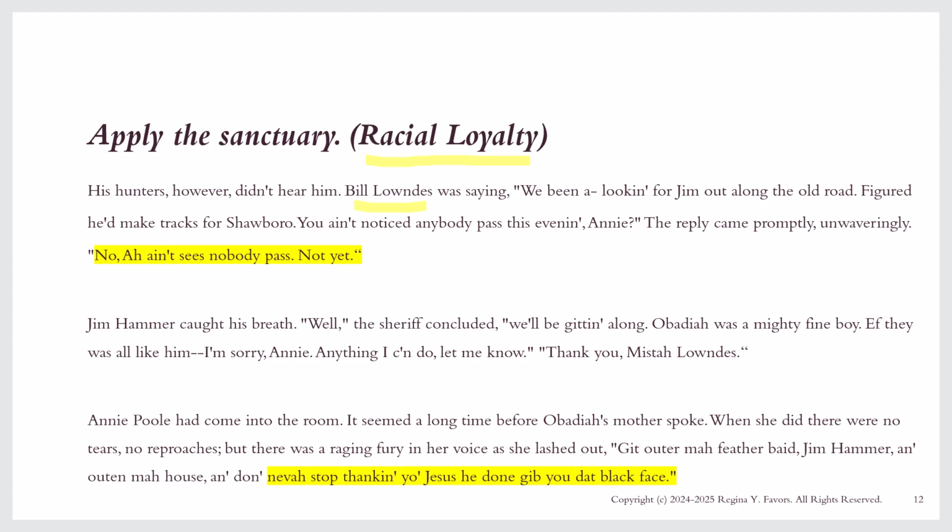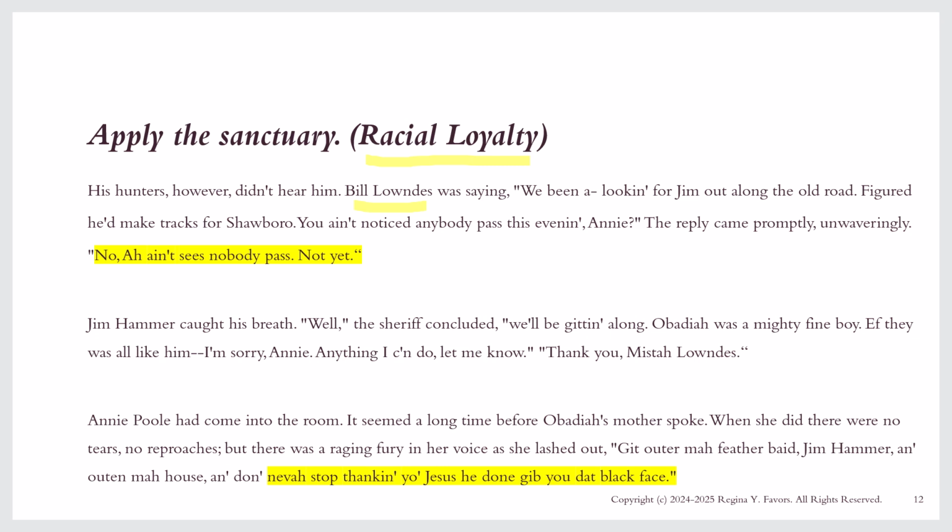Someone would hide a white man who shot a black man in their house, so she's just sort of returning the favor. If Jesus hadn't given you that black face, you would be out of here. She already said that if he had had a white face, she would have turned him out.